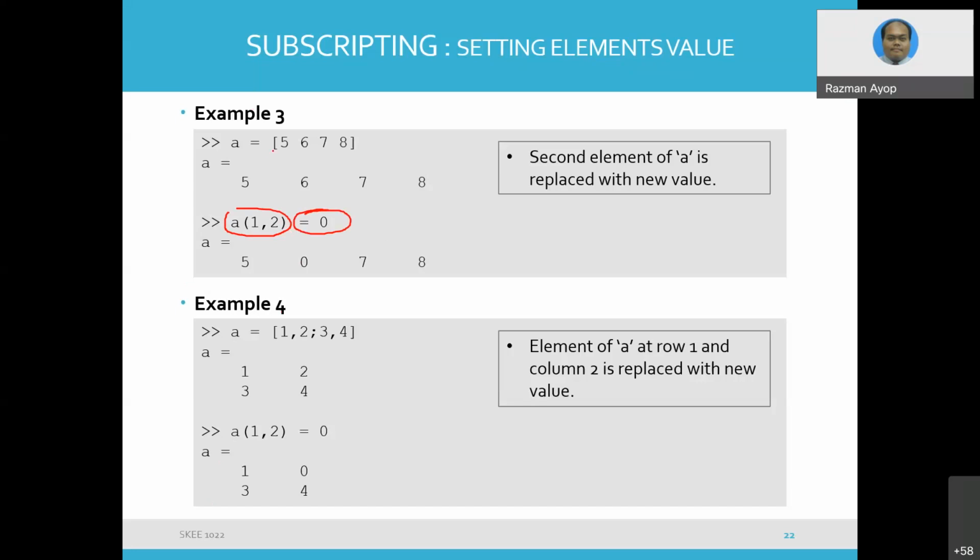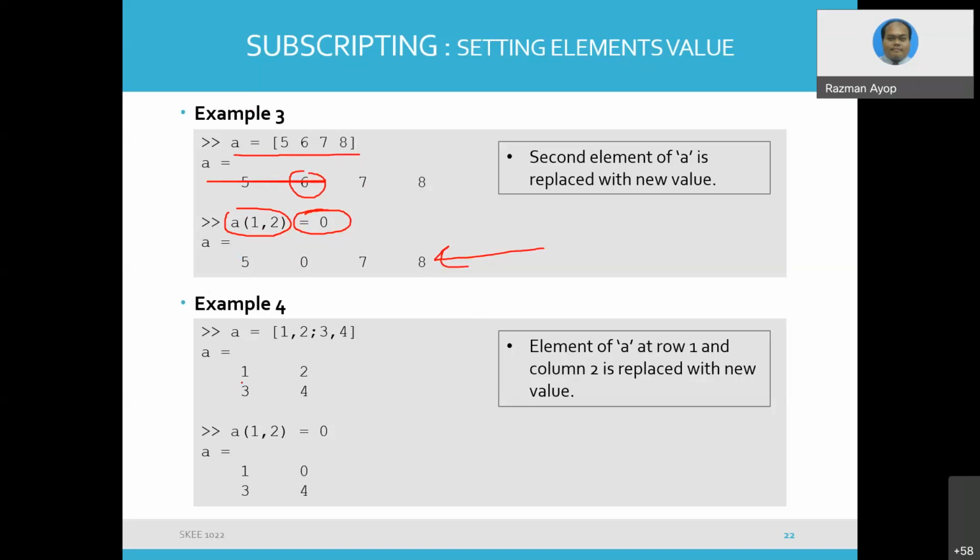So you can see here the data is A equals to 5, 6, 7, 8, and you want to replace row number 1, this is only one row, and column number 2, which is this data, you want to replace it with 0. So after you write this, it will become 0.